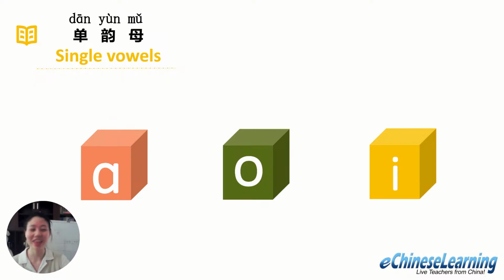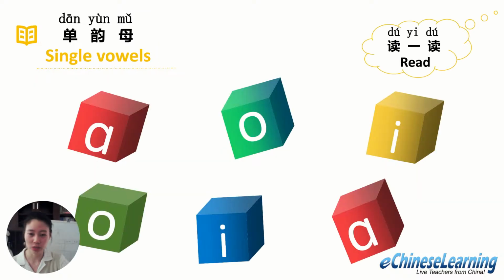If you have any questions about these vowels, just type. If any vowel is hard to pronounce, I can help you practice more. If you don't have any questions, let's move to the next one.